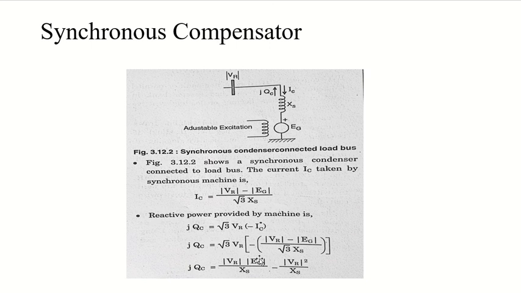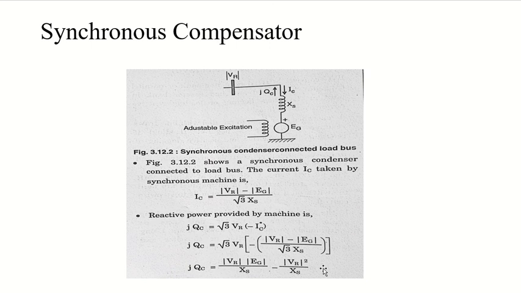Simply multiplying it inside, root 3 and root 3 cancel out each other, so we have VR EG divided by XS, minus VR square divided by XS, right? So that will be your QC.